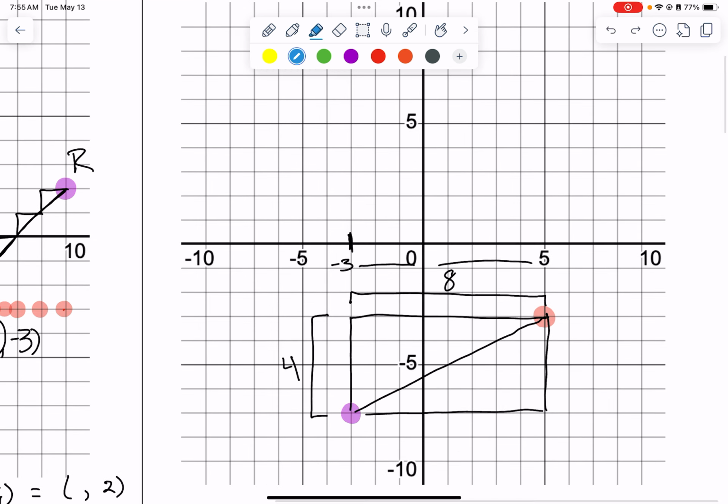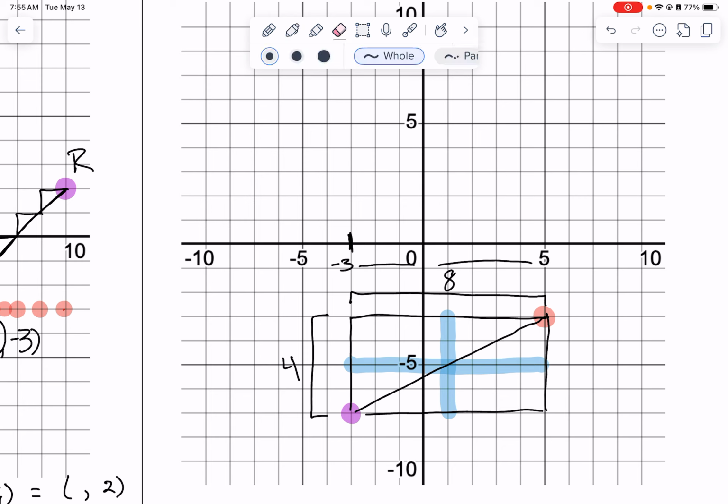So bisector is meaning to cut these two measurements in half. And those intersect at this middle point right here. And that middle point has an x and y value. The x value in this case is 1. And then the y value is -5.